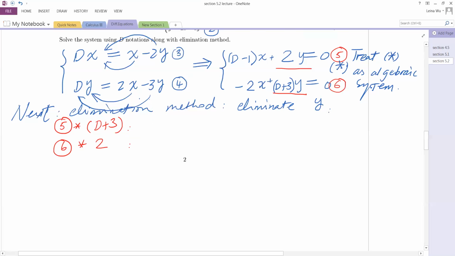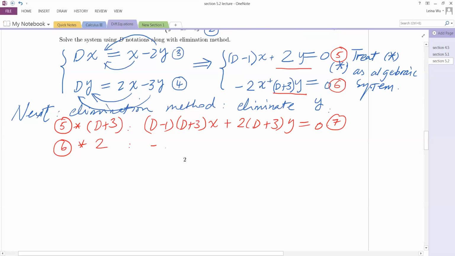Is that all right? Yeah. So we have (D minus 1)(D plus 3) of x plus 2(D plus 3)y equals 0 times (D plus 3), which is still 0. Let's call this equation 7.